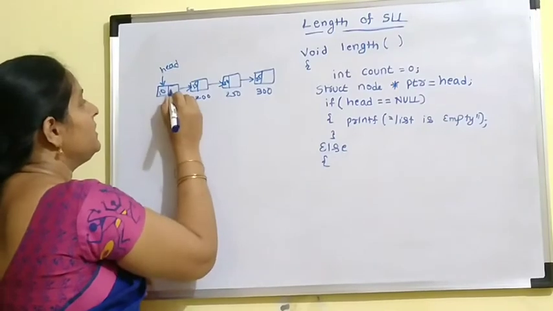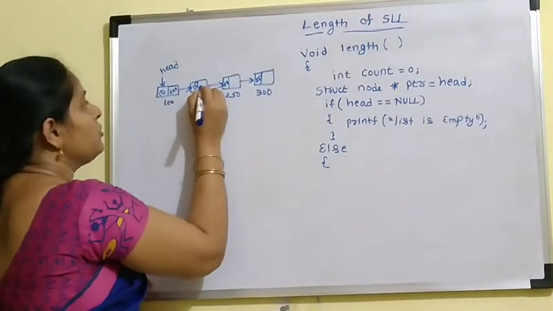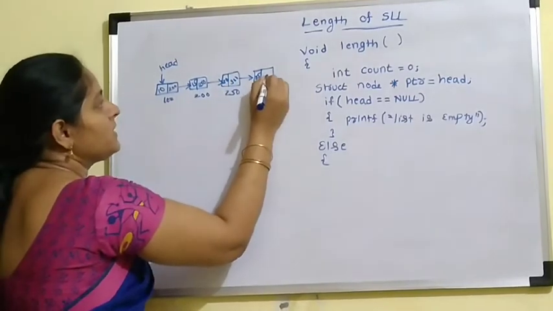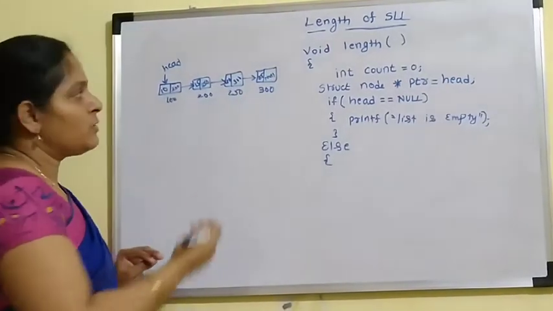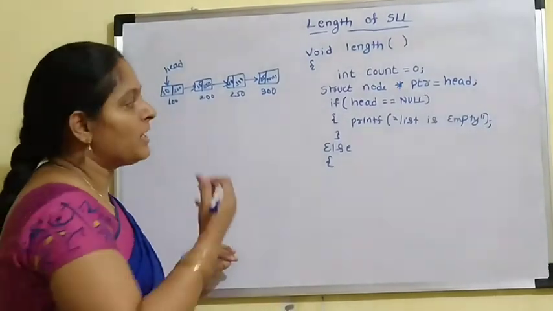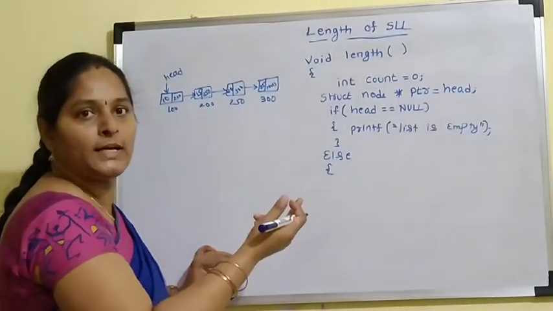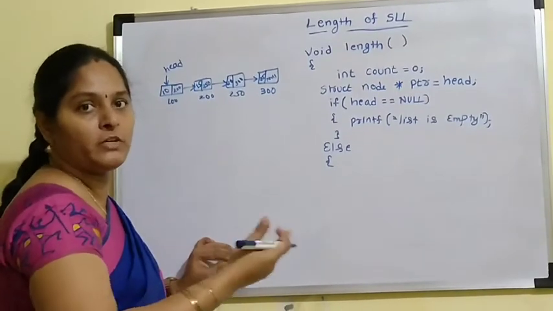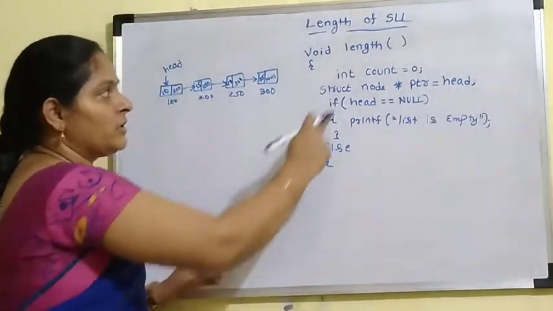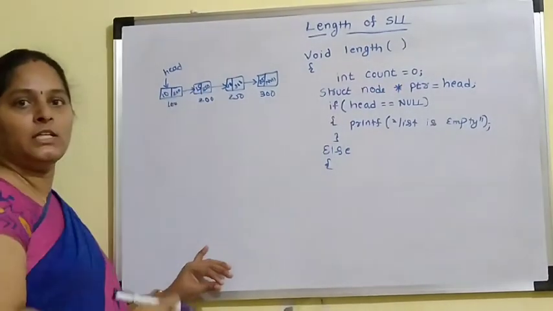So here 200, 250, 300, and the last node's next field is null. By seeing this diagram itself, we can say that the list contains 4 nodes. But in the program, we need to find out how many nodes are in the list. So with the help of the count variable, we need to count all the nodes.